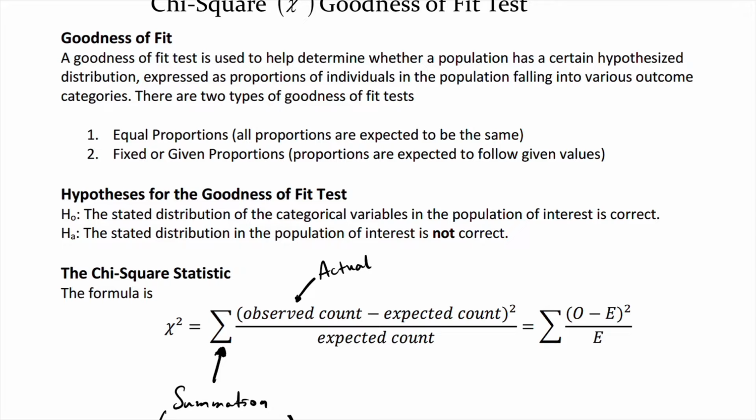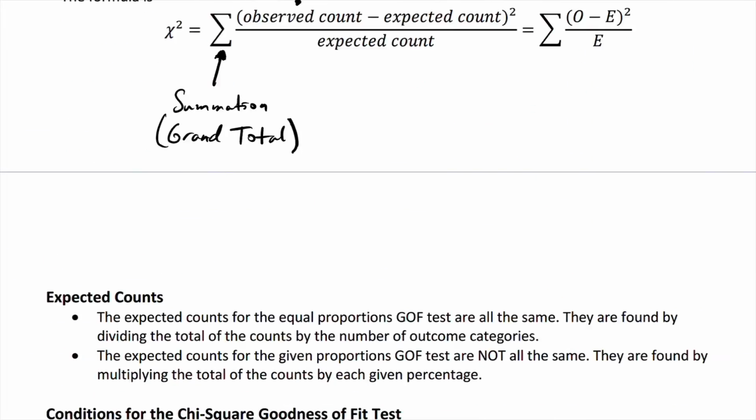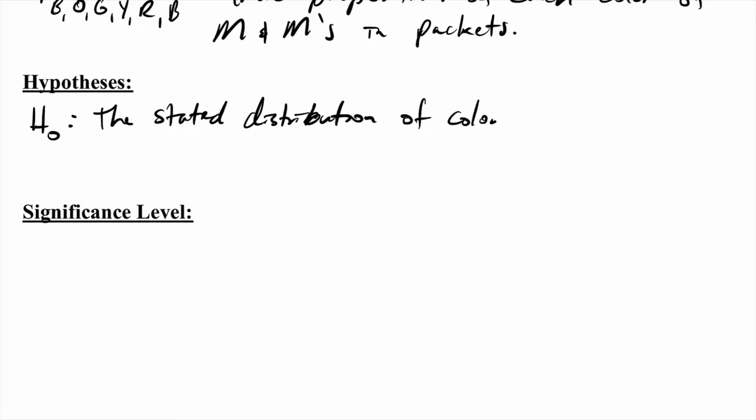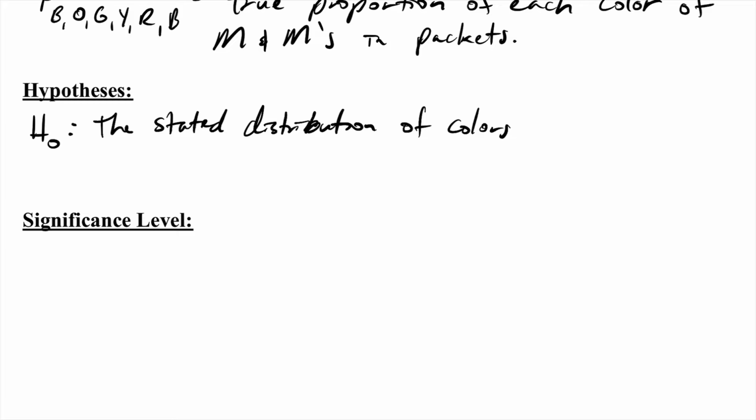We don't want to say the company's claim is true. We want to say the stated distribution of the population is as the company says. Now, we don't want to say it's true because we don't know that. We just want to say it's as stated. So the stated distribution of colors is as the company claims.